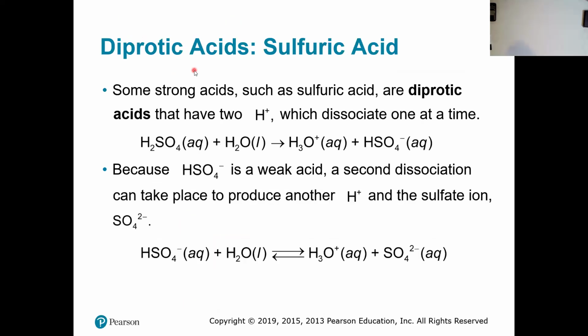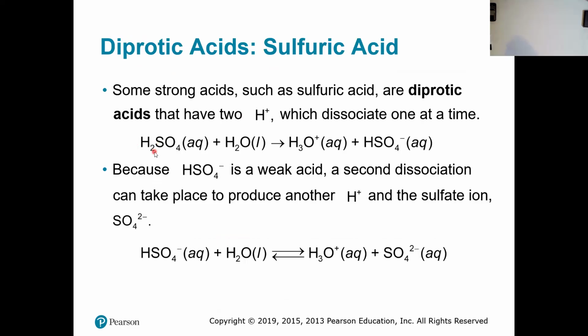Another acid that is considered a diprotic acid is sulfuric acid, H2SO4, because when H2SO4 is completely finished separating, it will have released 2 hydrogens into the solution.